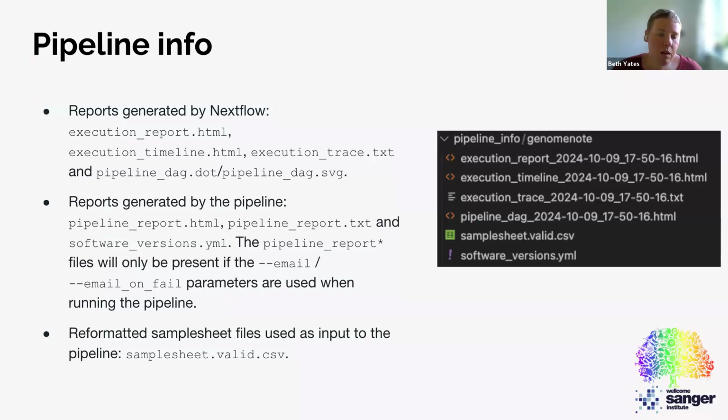And then you have the pipeline info directory, which just gives you a report about what happened, how things ran, what resources they took, how long different steps were, and you can track this information.